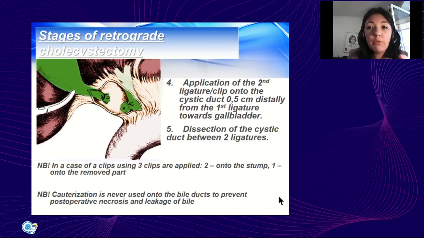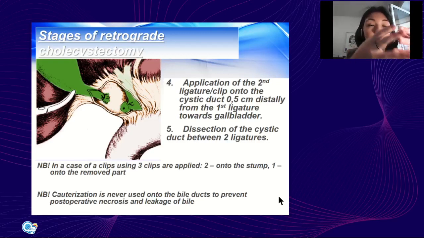First we form a covering as a burn, and it closes and there is no leakage. But with time this covering will be necrotized and fall out, and then we will deal with leakage of bile.